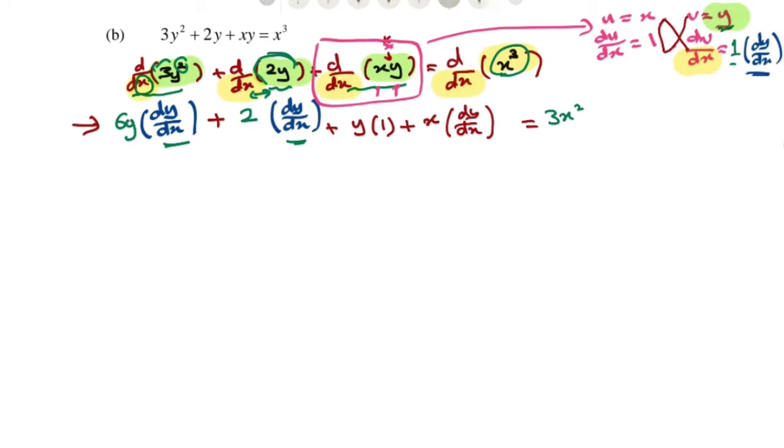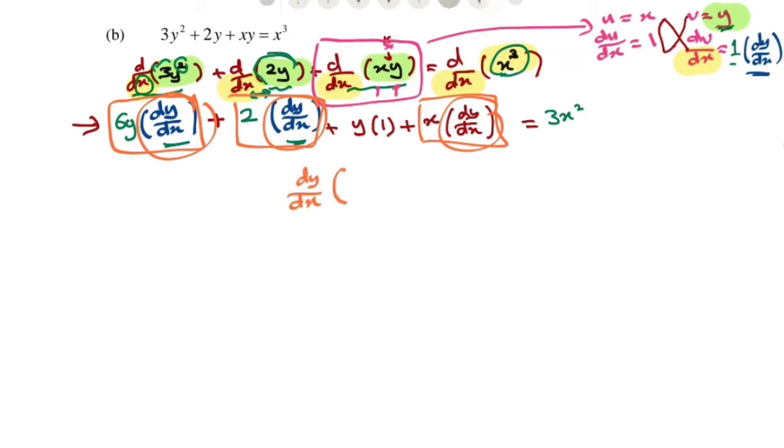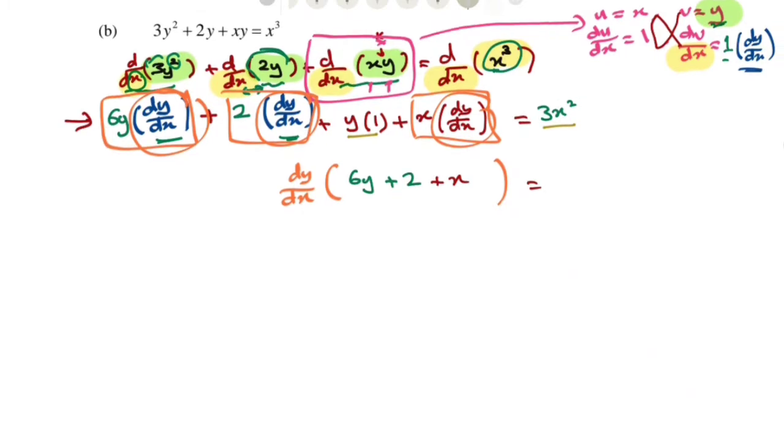Now, next thing that you have to do is we want to write dy over dx as the subject. We have a lot of dy over dx here. So what to do next is just to factorize that dy over dx. Factorize that dy over dx, write it in the front, and then leave everything else in the bracket. So you have 6y plus 2 plus x. The other terms which are not multiplied with dy over dx can be written on the right side of the equals sign.